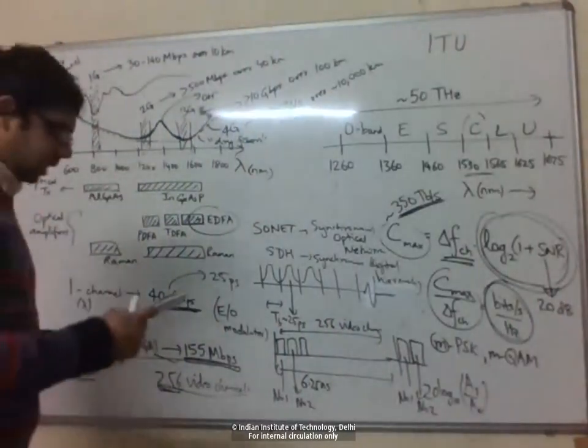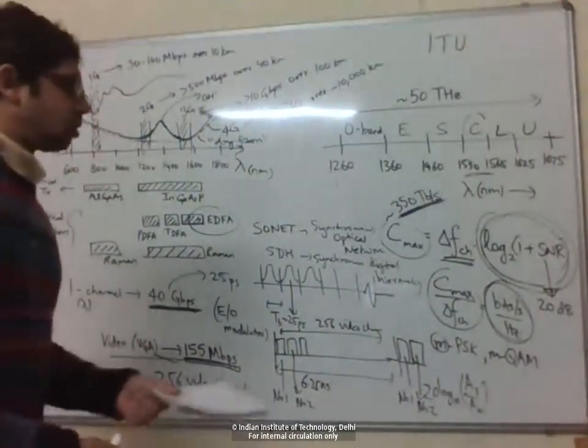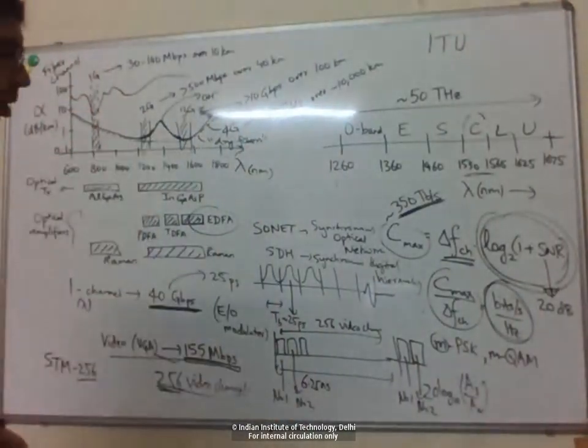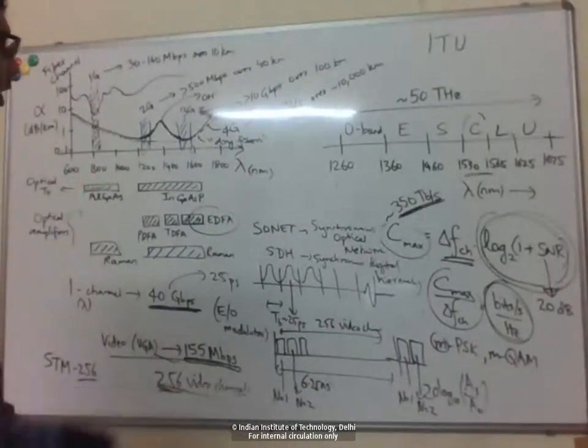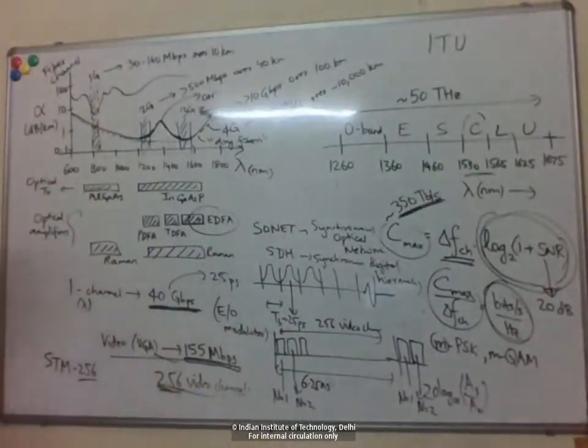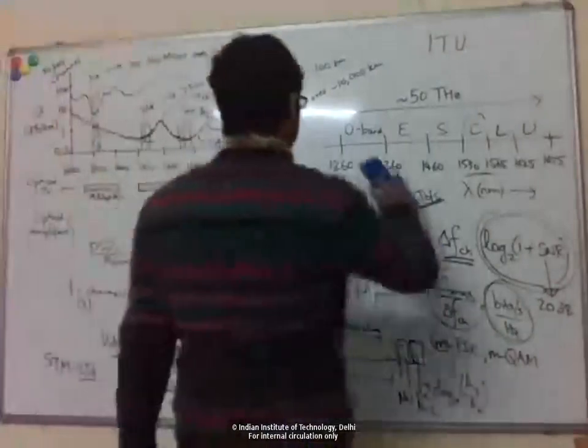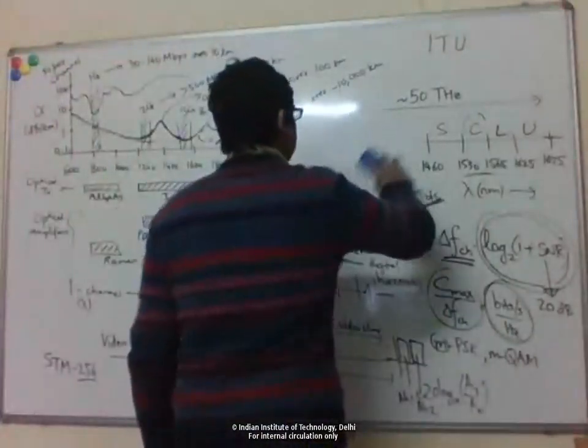So that's for one channel. If I want to now send even more data together on the fiber, what I do is WDM, so I utilize different wavelengths.